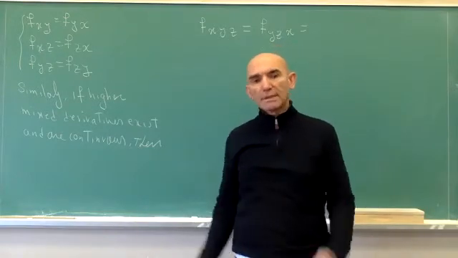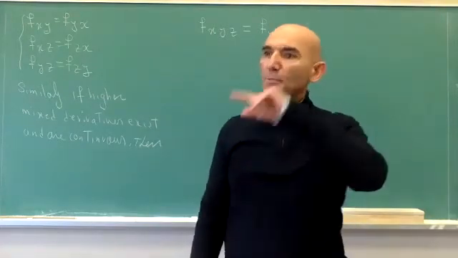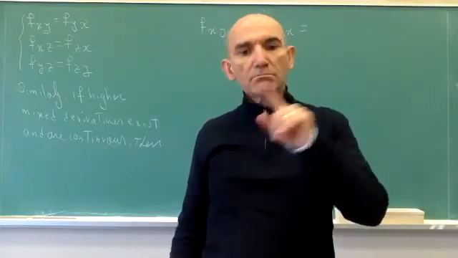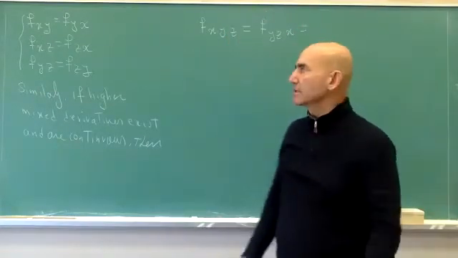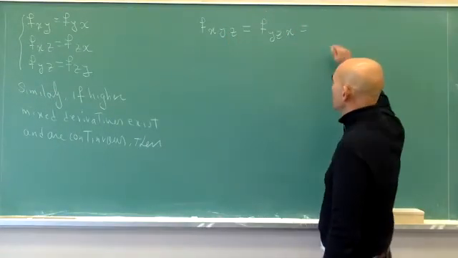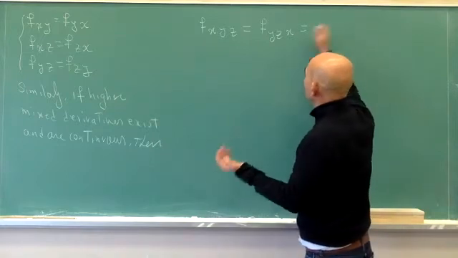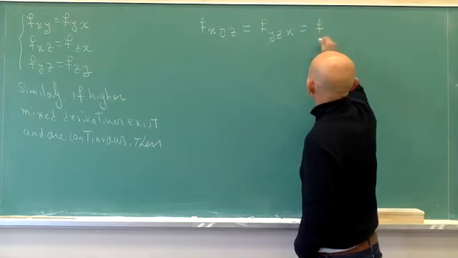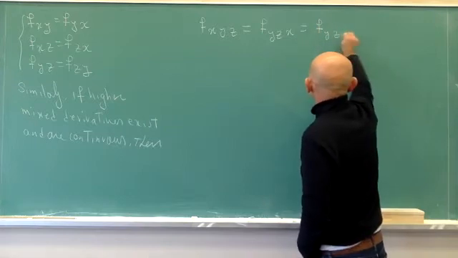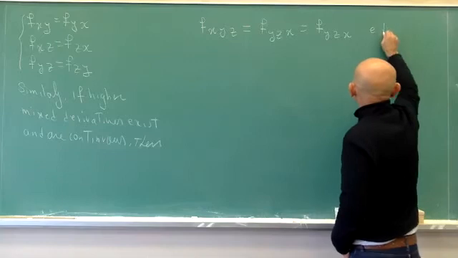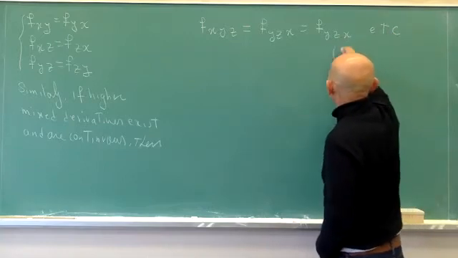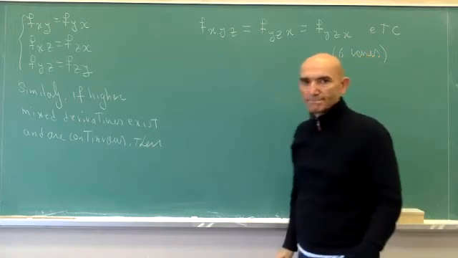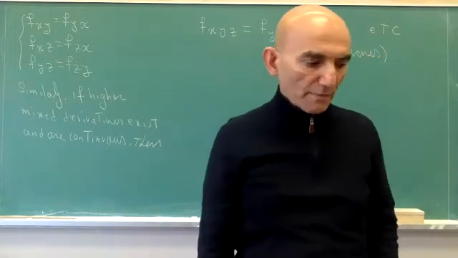Exactly, thank you. 6 possibilities, because it's the number of permutations of 3 letters x, y, z, and they all give you the same result. So equal to f_yzx, etc. So we have 6 cases.